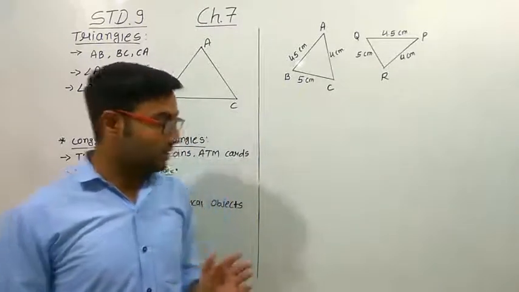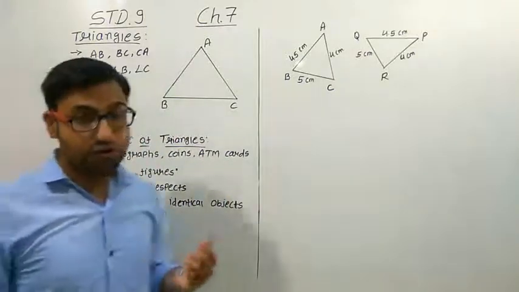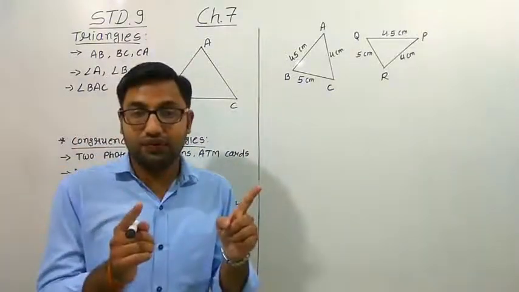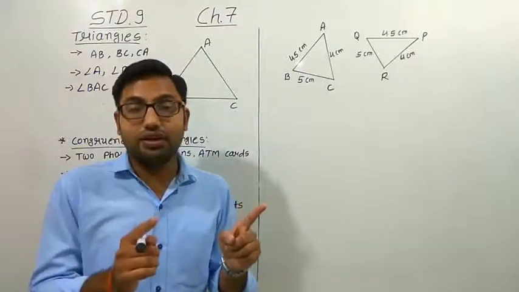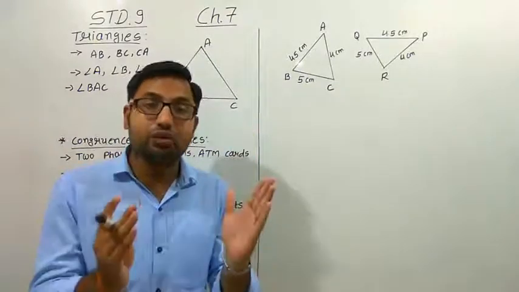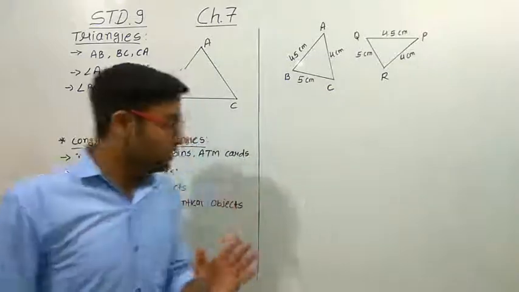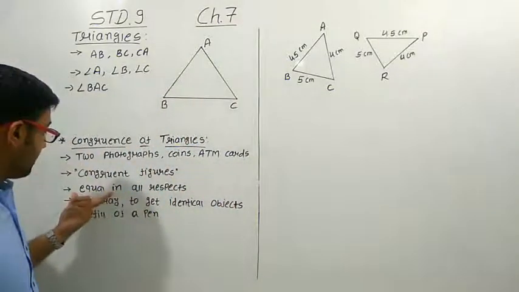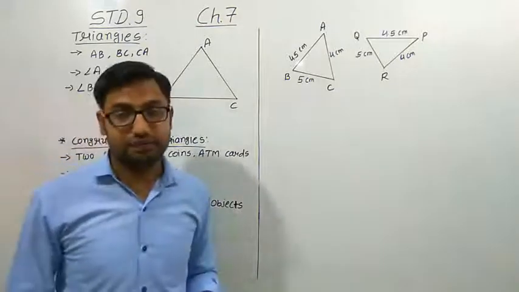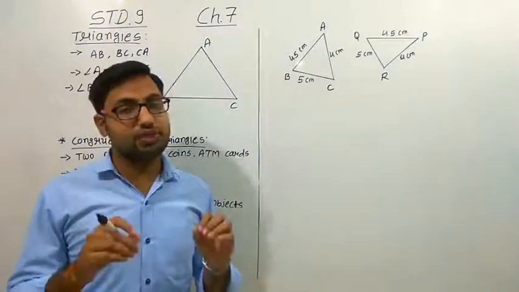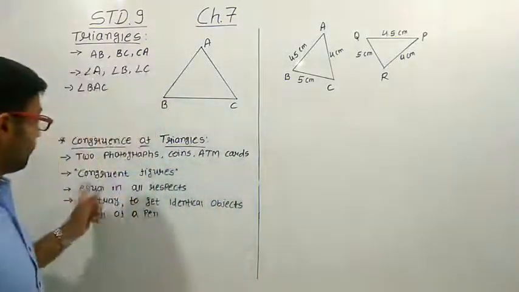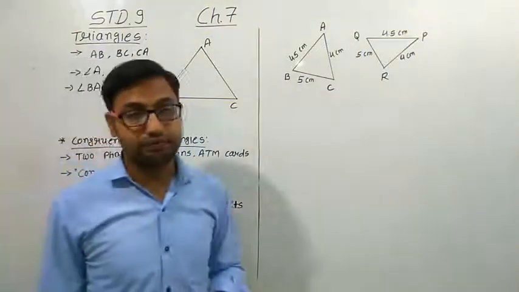So sometimes it also happens that the size of the refill is greater than required, so we have to cut it. We have to make it equal. The lengths are different, but we make the length equal. So that is why it is said that equal in all respects. All the dimensions must be equal. Then only you can say that the two figures are congruent.